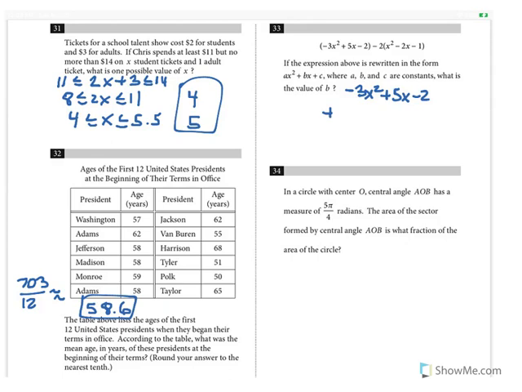So then we're going to be adding a negative 2x squared plus 4x plus 2. Now we're in the form ax squared plus bx plus c, and we want to know what is the value of b. So b is our middle term here, 9x, so b is equal to 9.